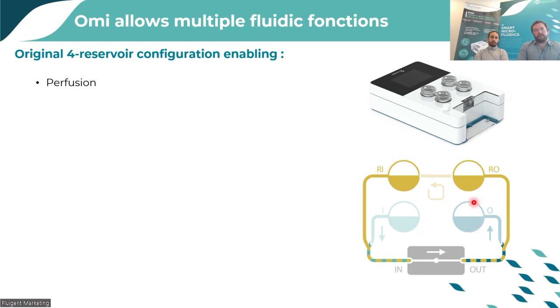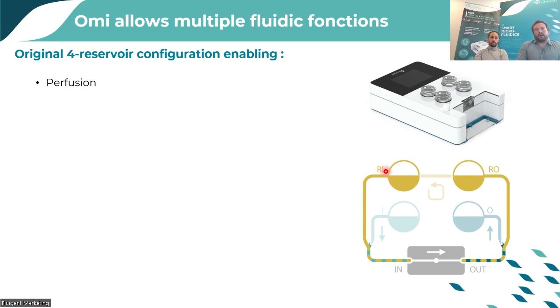You have those 4 reservoirs. The 2 on the left are dedicated for injecting fluids, so they are called RI and I. And on the right, those reservoirs are dedicated as output reservoirs. So one is called RO and one is called O.